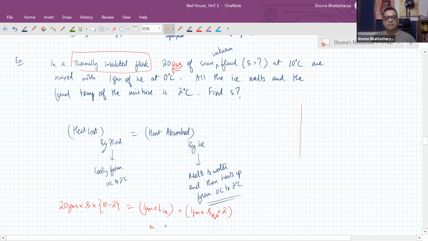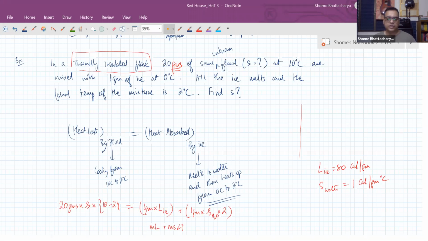Okay, this is basically mL plus mS delta T. Now, latent heat of ice, I'm going to use that standard value, 80 calories per gram. And specific heat capacity of water, I'll use this standard value, 1 calorie per gram degree C.